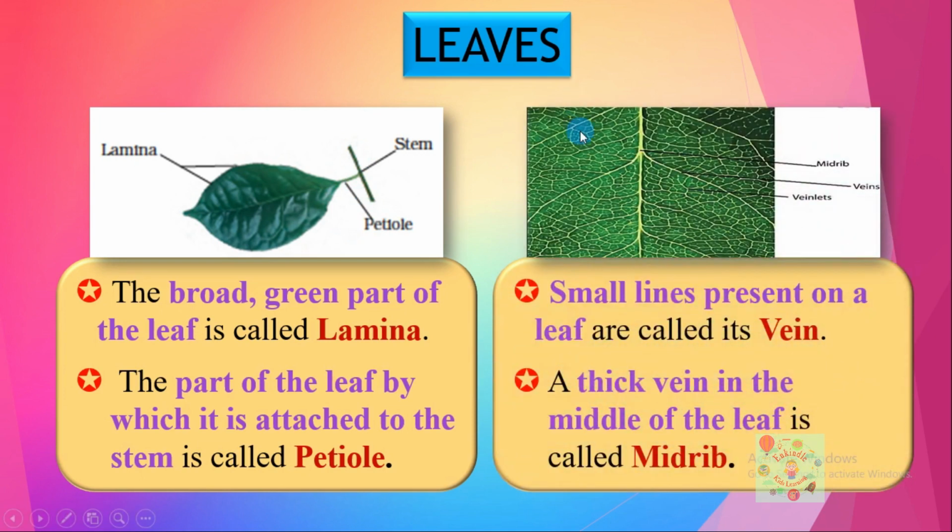There are small lines present on the leaves and they are called veins. And a thick vein in the middle of the leaf is called the midrib. And the minute veins around the vein are called the veinlets.